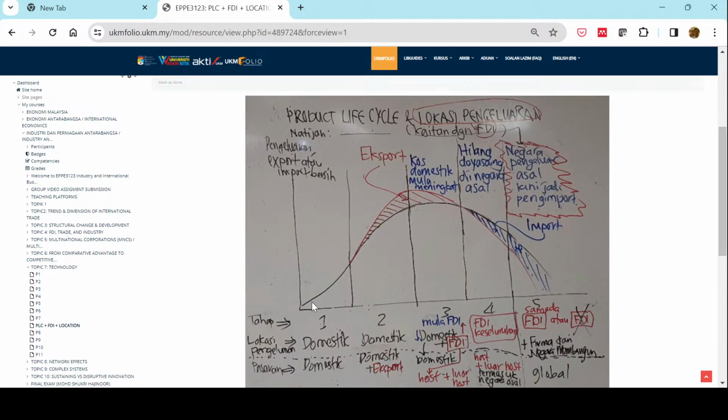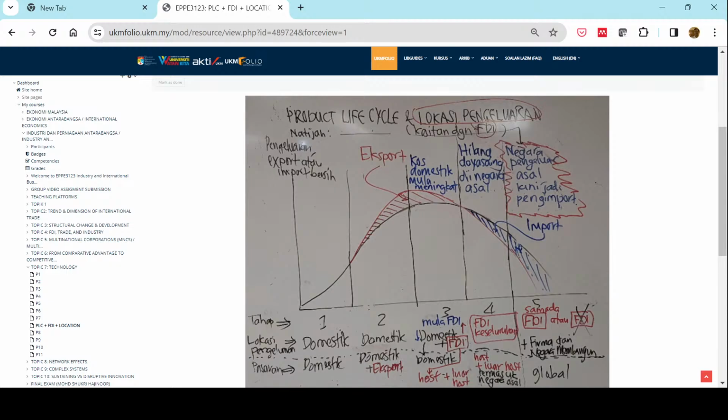The market, serving domestic, because production is still domestic and FDI, 2 locations. So the market is domestic plus the host country, the country that they went to invest, and plus outside of that host country.